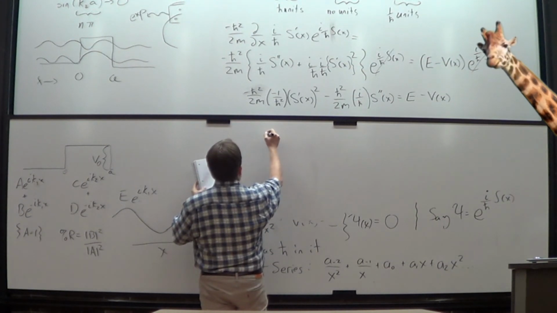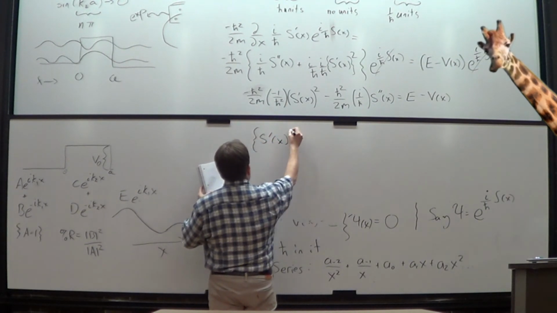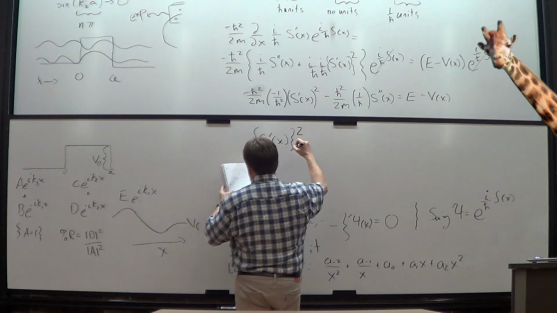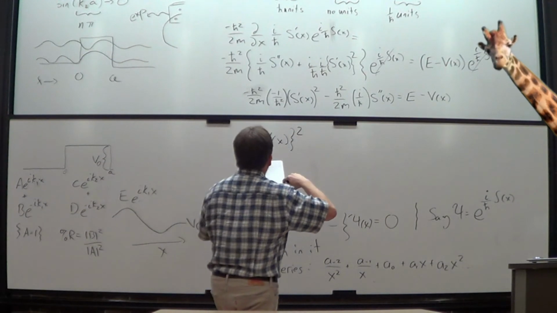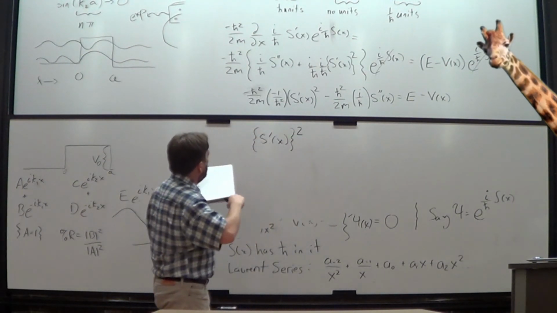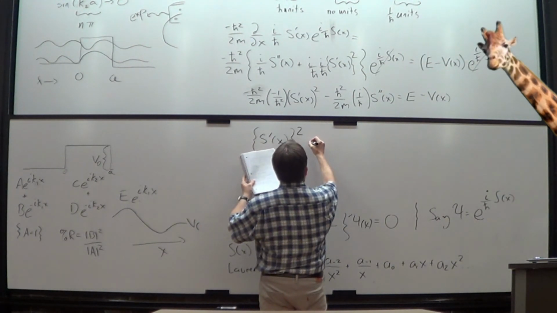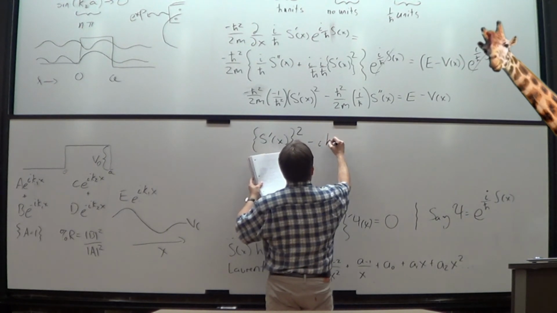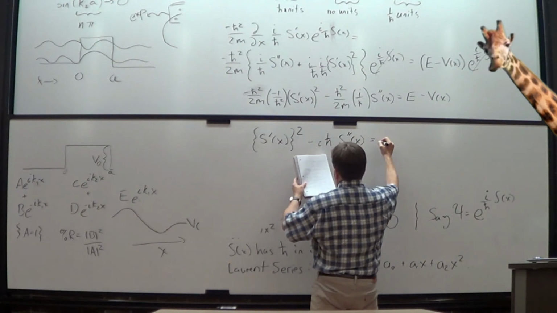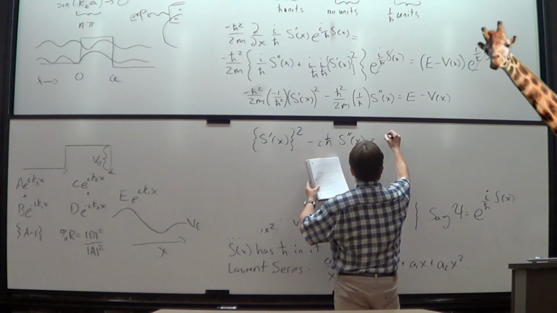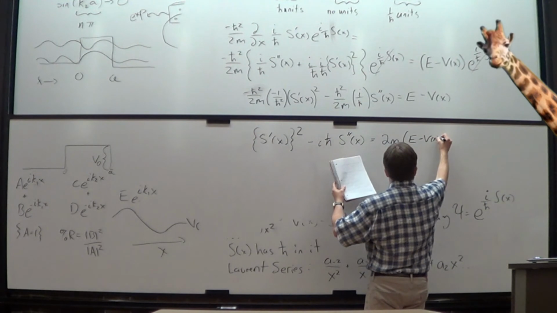What I've now got is s prime of x squared. Notice I'm not being very consistent with my brackets. What I'm doing is multiplying everything by 2m. So the first term is 1 over 2m derivative squared, so I'm going to multiply everything by 2m. So what have I got here? I've got a minus I h bar, I know it's over 2m, but I'm deleting that, s double prime of x is equal to 2m times e minus v of x.